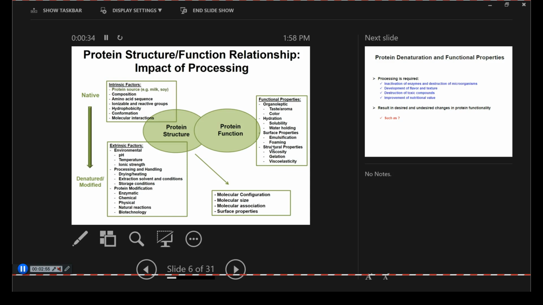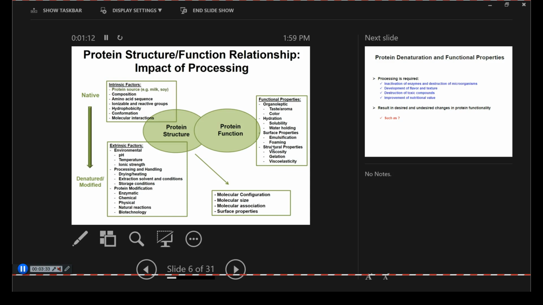Now we want to move on and talk about how the structure impacts the function upon processing, and how the intrinsic factors impact how the structure changes in terms of molecular configuration, molecular size, association and interaction, and surface properties. We'll give more examples on how the structure changes with extrinsic factors and how that impacts functionality. That is the next focus of our series.